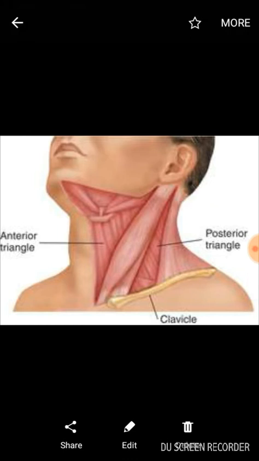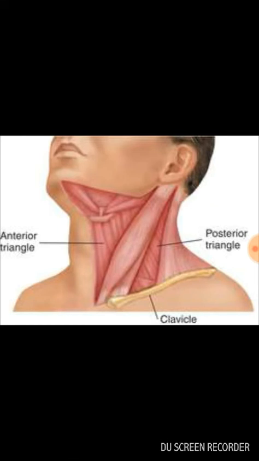Now the roof of the anterior triangle is bounded by the investing layer of fascia, and the floor is formed by a visceral layer. There are 8 muscles in the anterior triangle. I remember them via the acronym MDGS for the suprahyoid muscles and TOS for the infrahyoid muscles. These are both acronyms that are used to memorize the muscles within the anterior triangle.